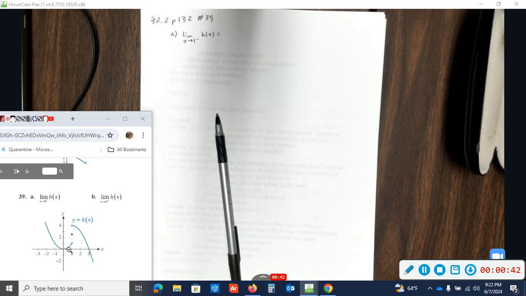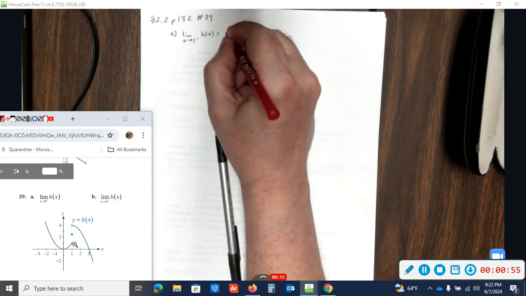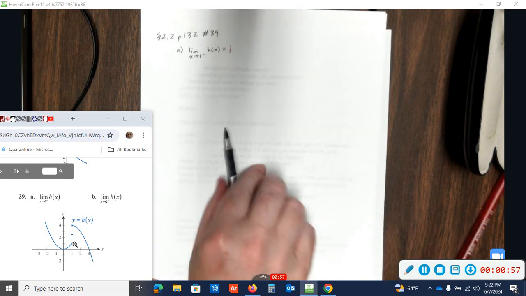I hope you can see that it seems to be getting really close to, it actually doesn't hit, there's a circle here, but it seems to be getting really, really close to 1.